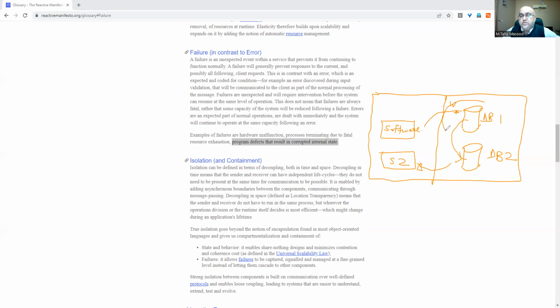Or let's say both of these are part of a cluster and they have the same network address. Let's say over here, this is the address. This software one has to make write requests over here. This software two makes read requests over here. So this could be something like a proxy or a cluster or whatever, but you get the idea.